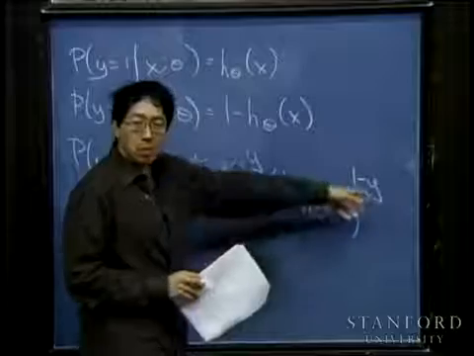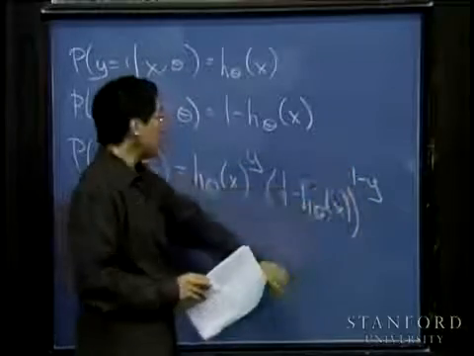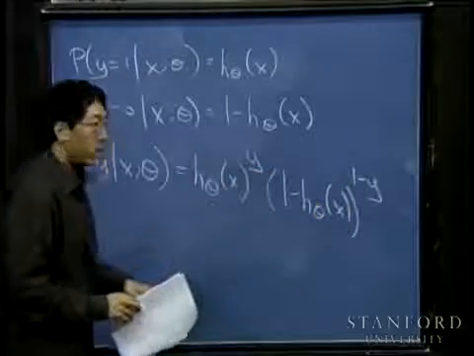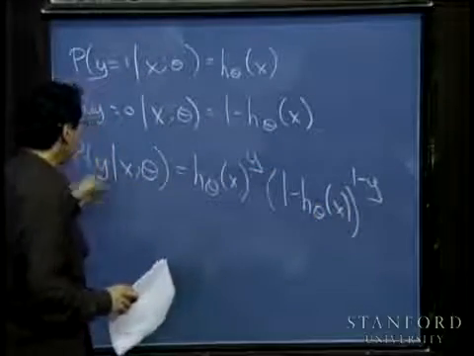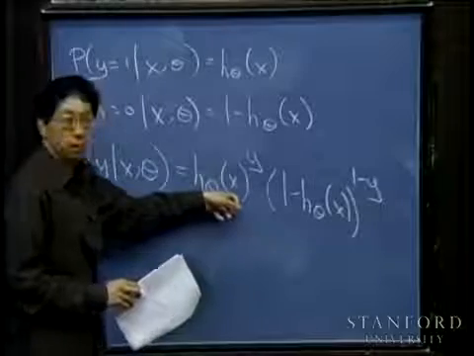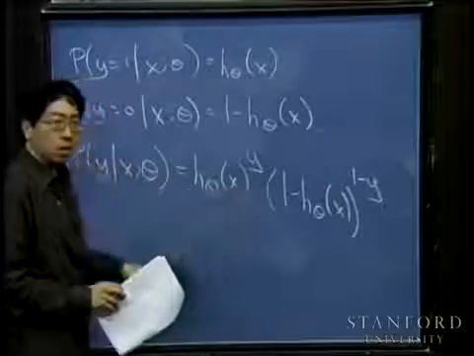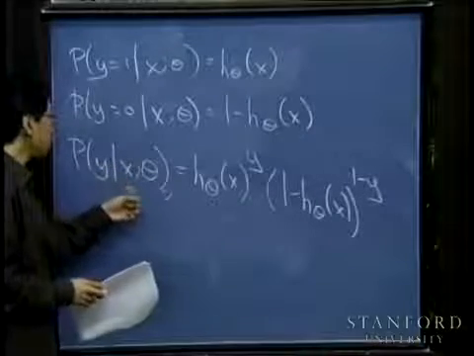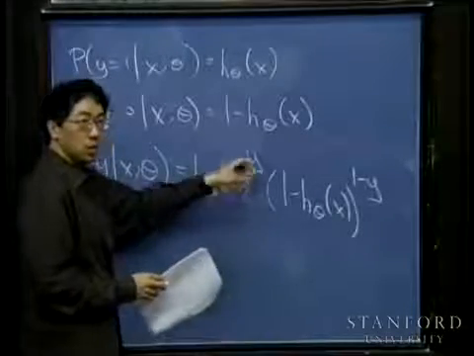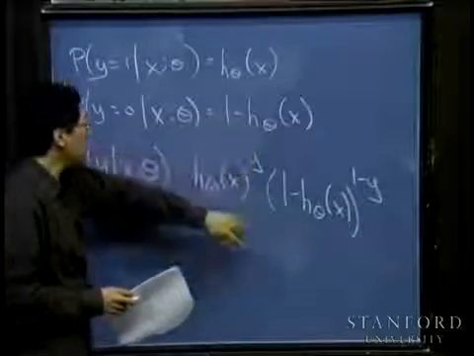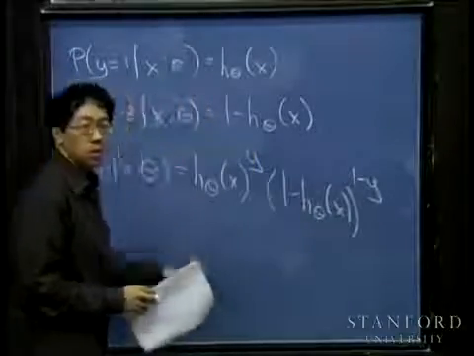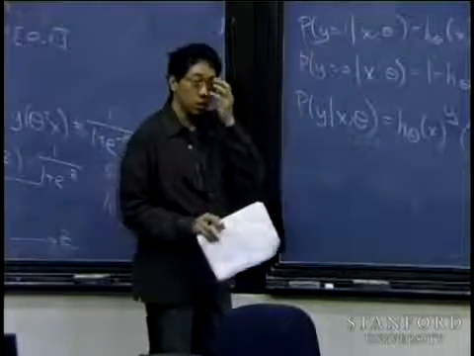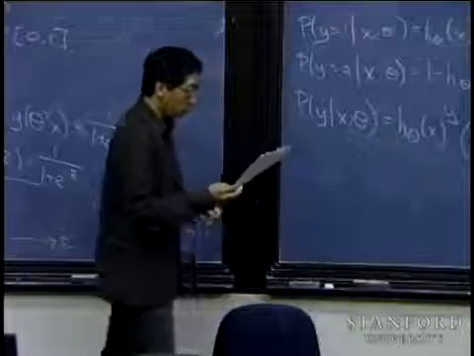Anything to the power of 0 is just 1. So if y equals 1, this is just saying p of y equals 1 is equal to h subscript theta of x. In the same way, if y is equal to 0, then p of y equals 0 equals this thing to the power of 0, which disappears. This is just 1 times this thing to the power of 1. So this is a compact way of writing both of these equations together into one line.